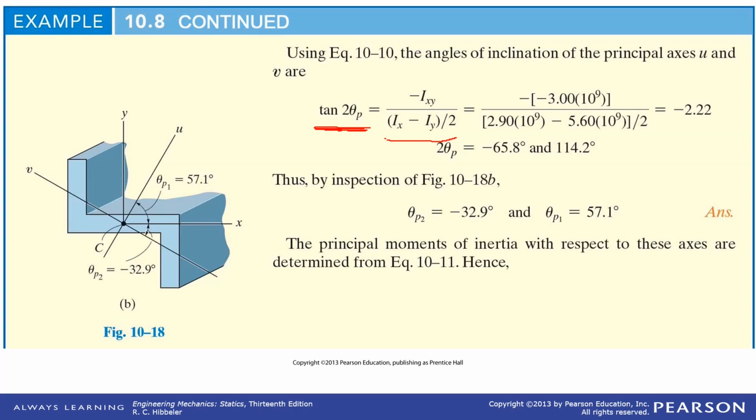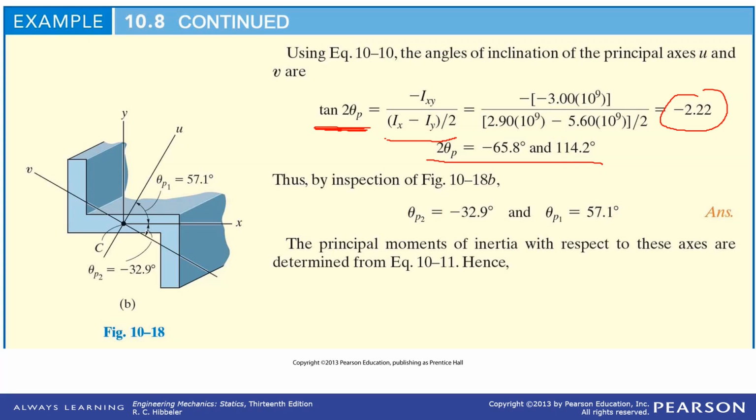So we just plug and chug into the formula, Ixy over Ix minus Iy over 2. So there's the tangent. Two solutions. Remember two solutions?